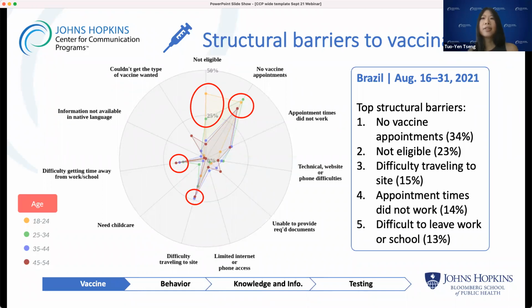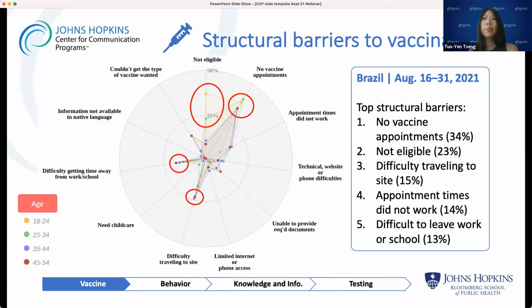Each axis in this graphic represents a different barrier, and the position of the dots along each axis indicates the percentage of participants reporting that barrier, with 0% at the center and the number growing bigger as it gets closer to the outer circle. The dots then get connected into a web.